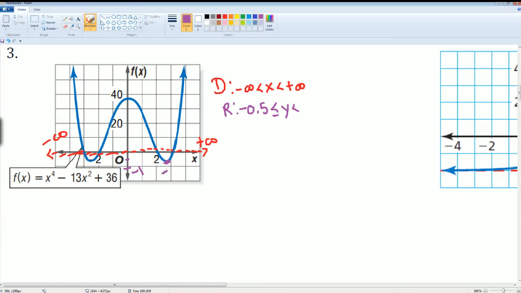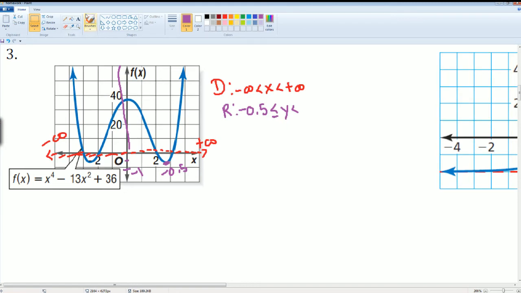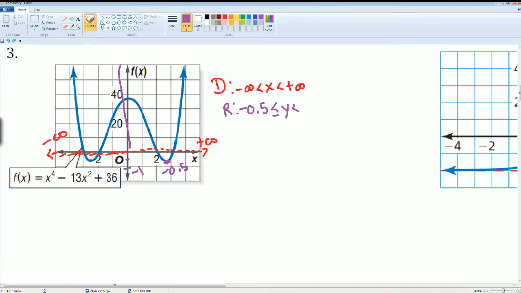This is negative 0.5. It includes it. It touches it all the way up. That's a horrible line. So it goes all the way up to what? Positive infinity. So y goes all the way to positive infinity.